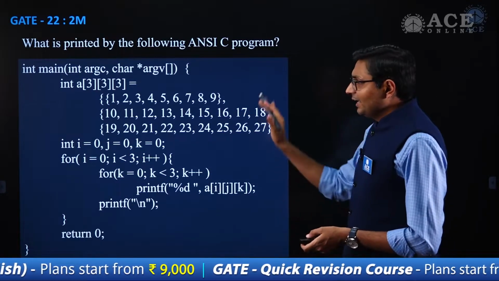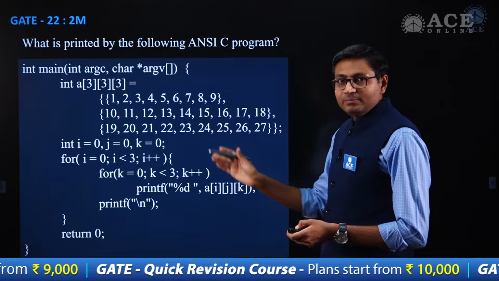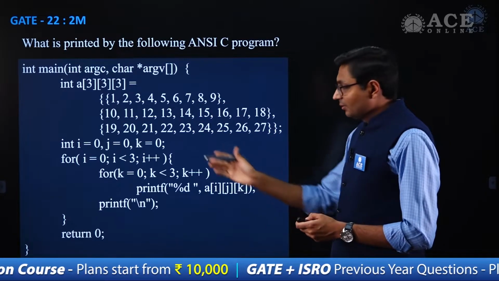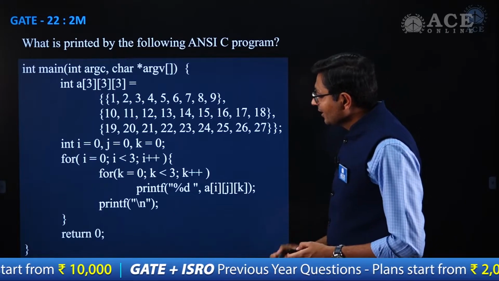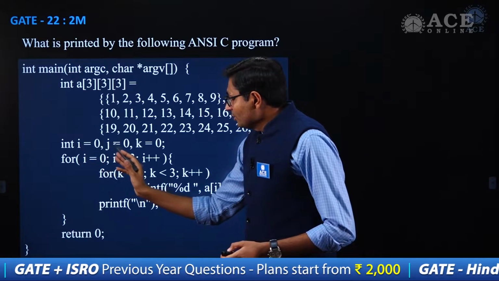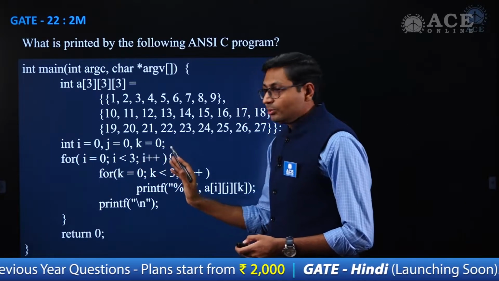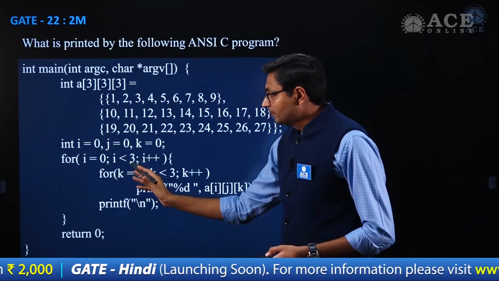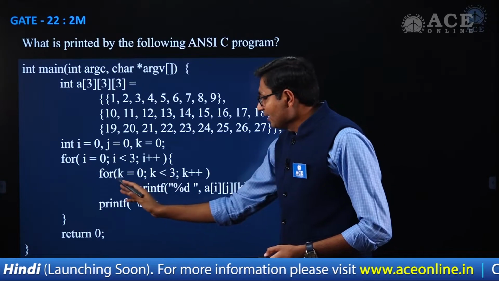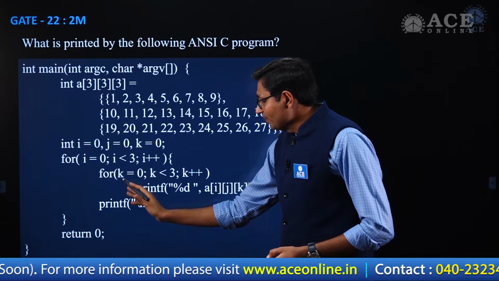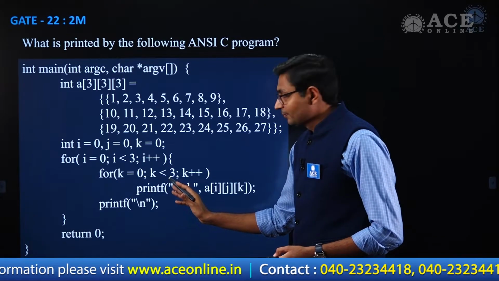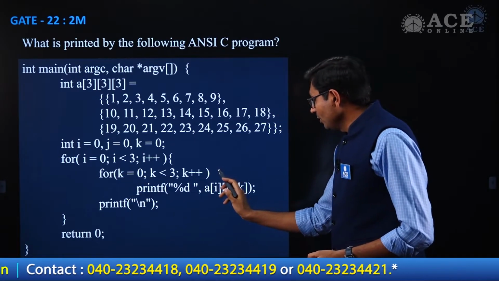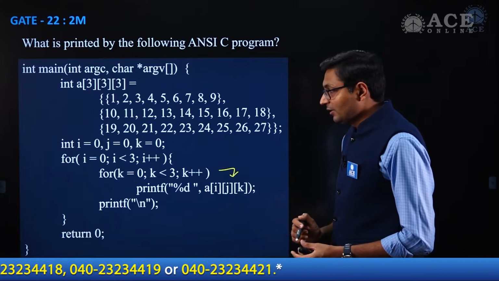Alright. I'll draw it in the memory representation. These all values we will show. Let me read the program first. int i is equal to 0, j is equal to 0, k is equal to 0, and for loop. i varies from 0 to 2, i plus plus. k varies from 0 to 2 again, k plus plus. And this printf statement belongs to the inner for loop only.